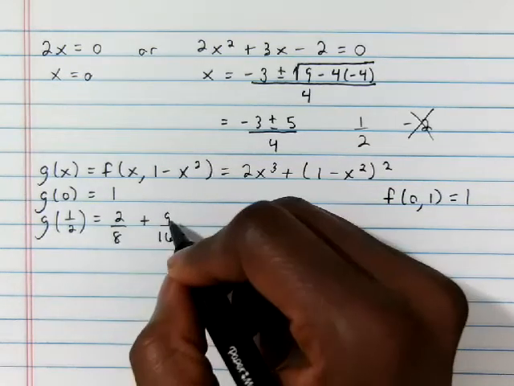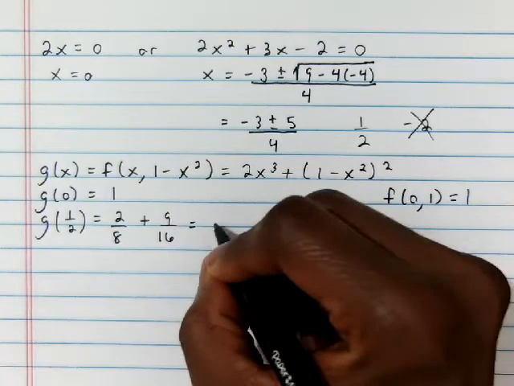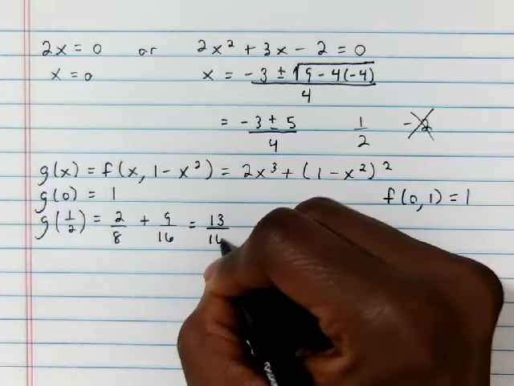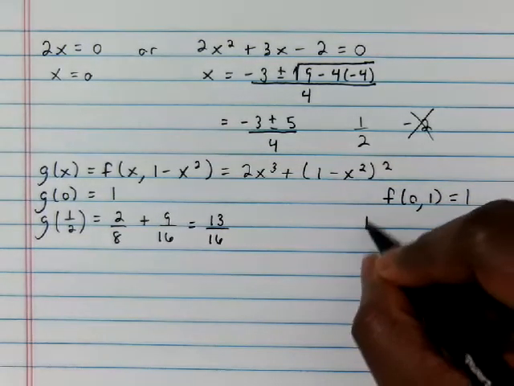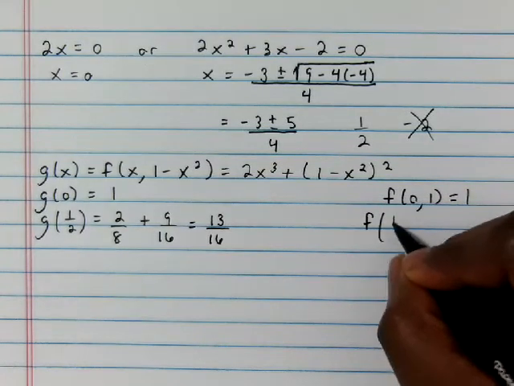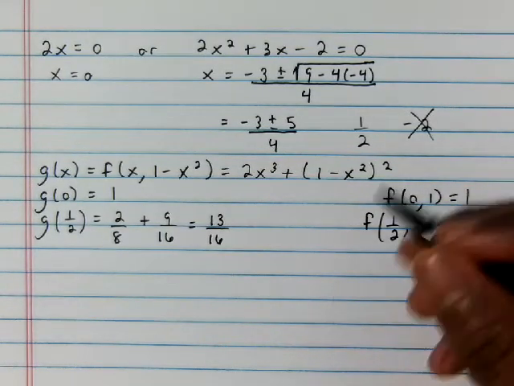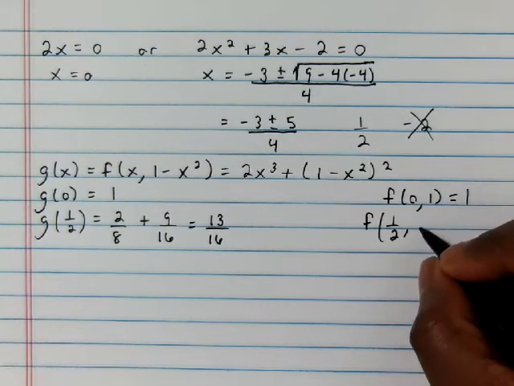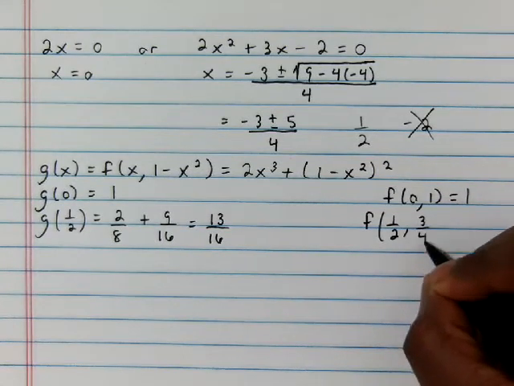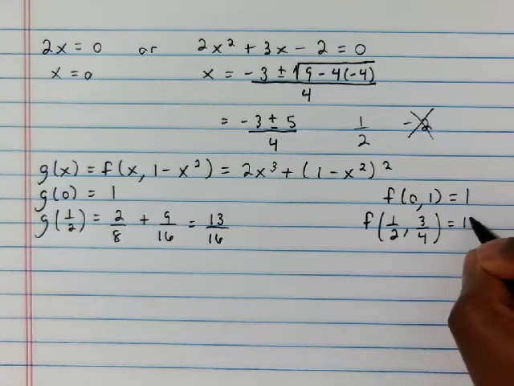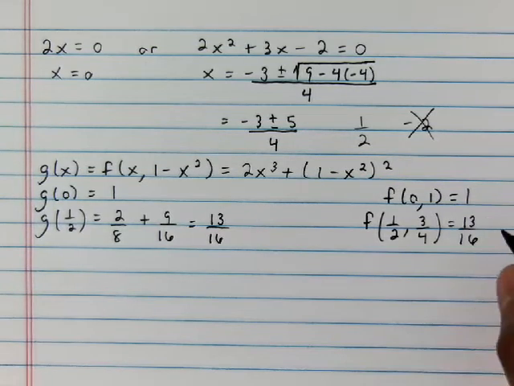So we get 4 plus 9 over 16, which is 13 over 16. And that is f of 1/2, 3/4 is 13 over 16. Now, what we can't forget about are the endpoints of our interval from -1 to 1.